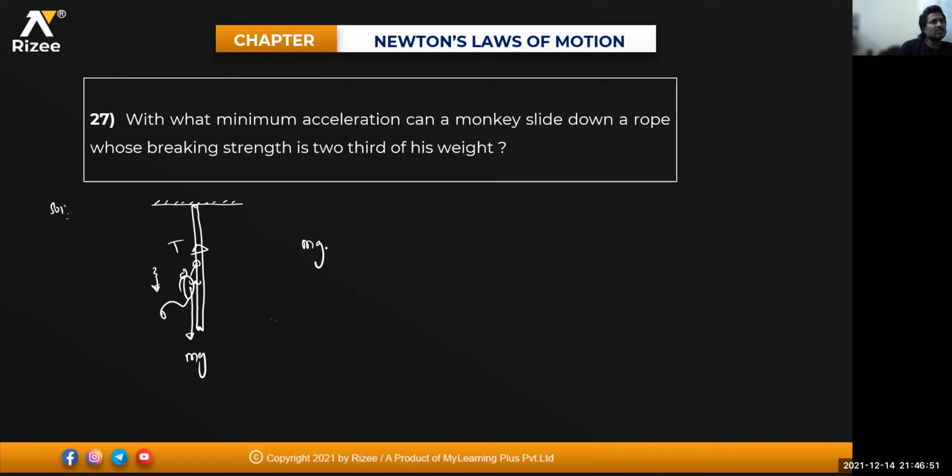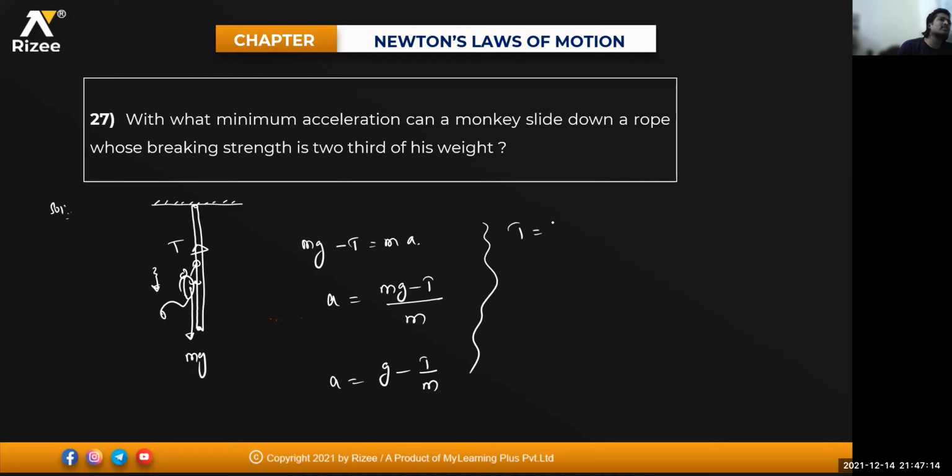So I can write here mg minus T will be equal to mass into acceleration. If I need to calculate the acceleration, a will be equal to mg minus T divided by m. That means a is equal to g minus T by m. What is told in the problem is T is equal to how much? 2/3 of its weight, that is nothing but mg.